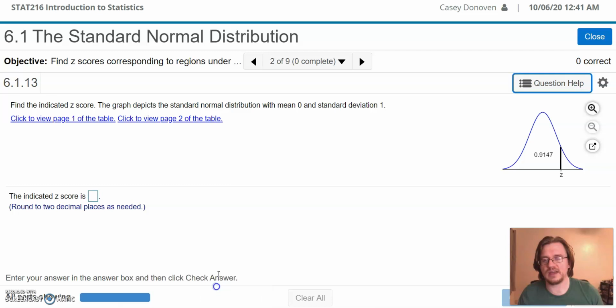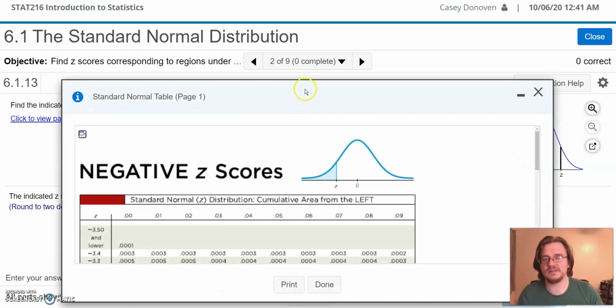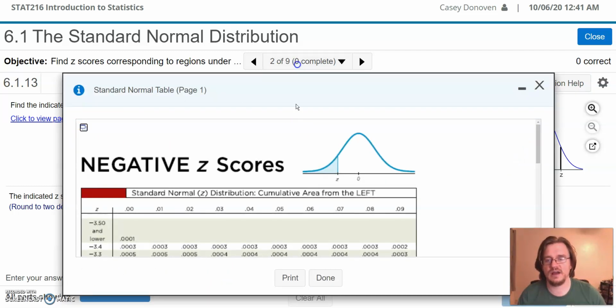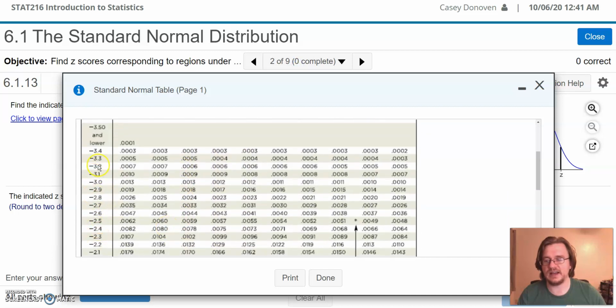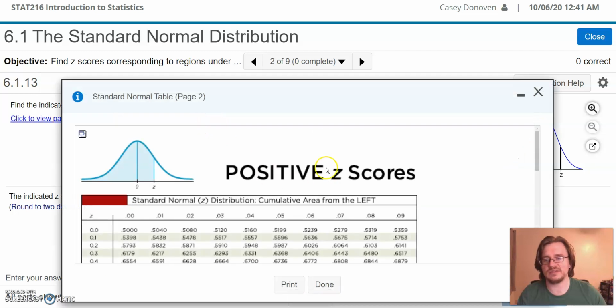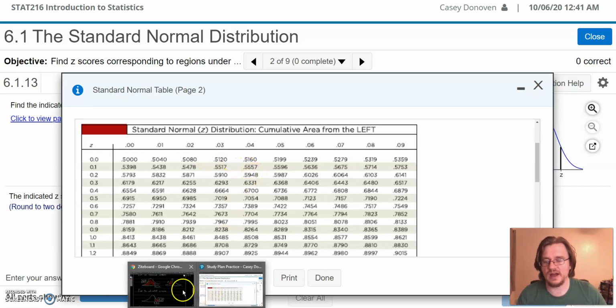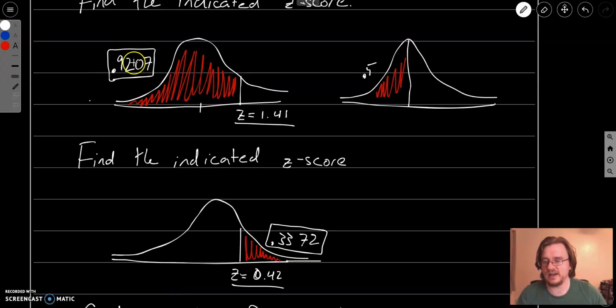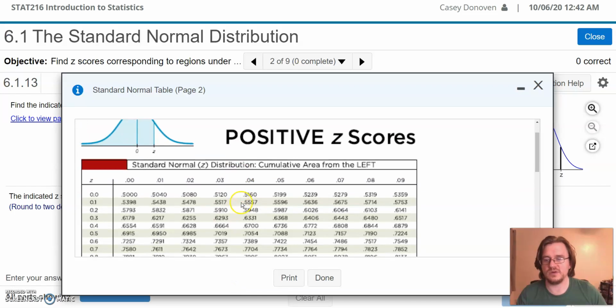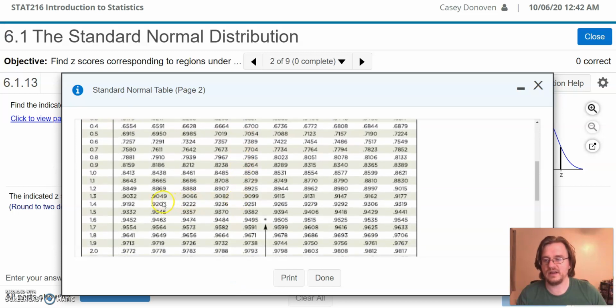When I come back to my tables, the first table only has negative z-scores in it, so I don't want that. Table 2 will have positive z-scores, and what I need to look for is the area corresponding to 0.9207. As I come down here, I see, oh, here is 9207.